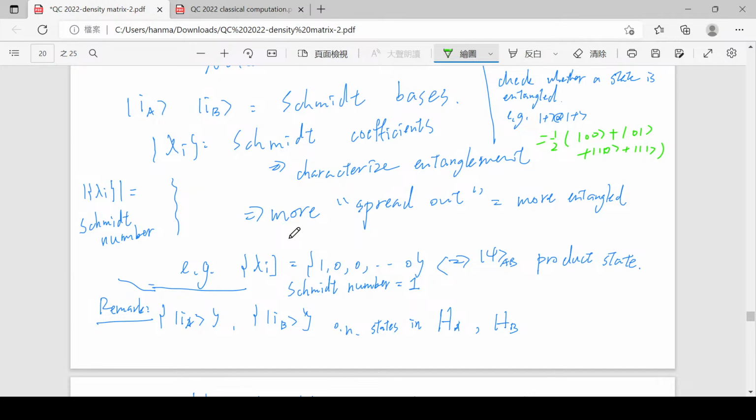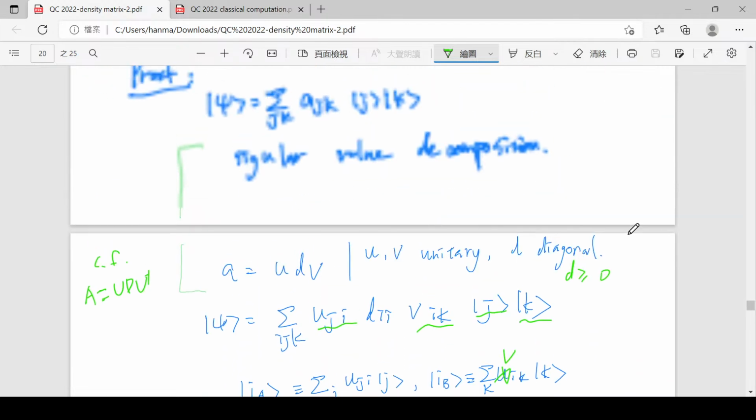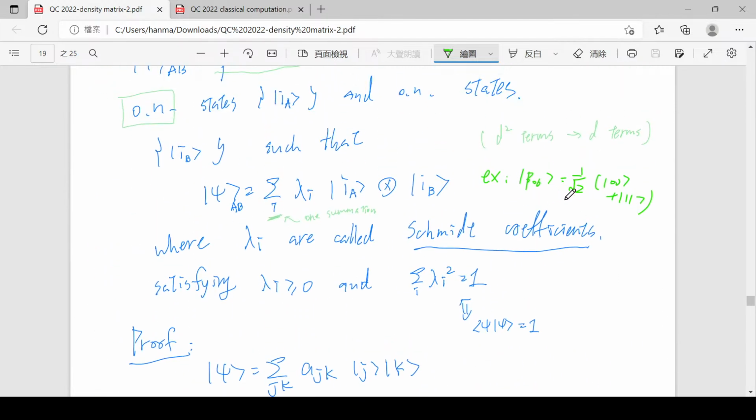There are more quantitative definitions of how you calculate the amount of entanglement from the Schmidt coefficients, but here we just have a very qualitative description where you feel that if those numbers are more spread out or even, then your state is more entangled. So for example, here our beta 00 has the coefficients 1 over square root 2, 1 over square root 2.